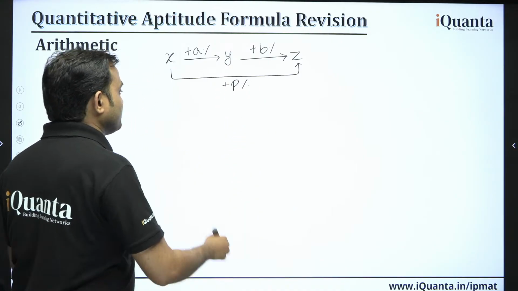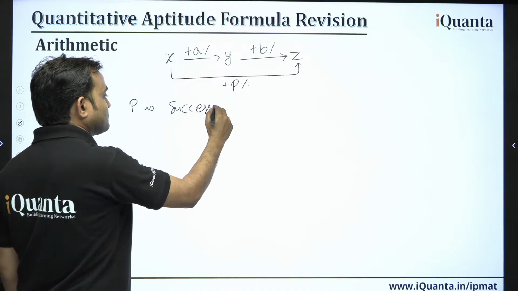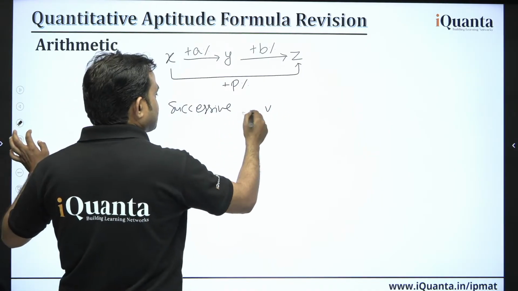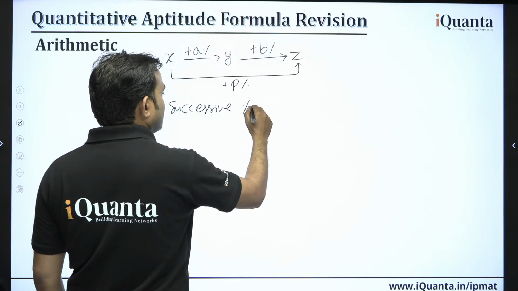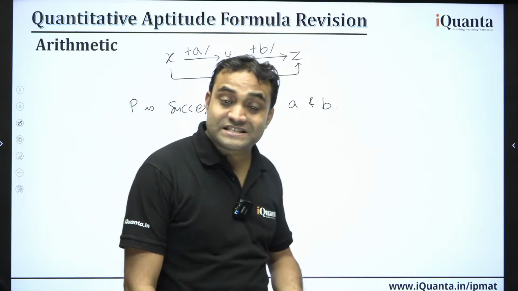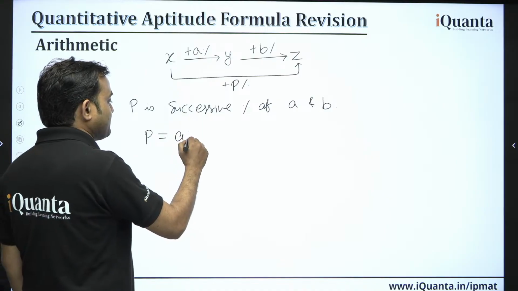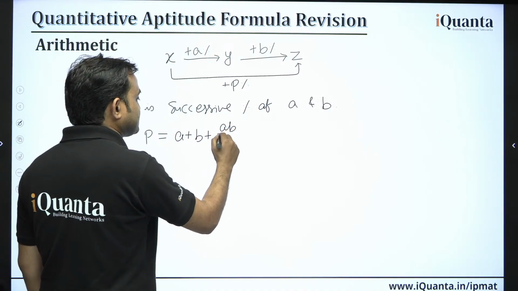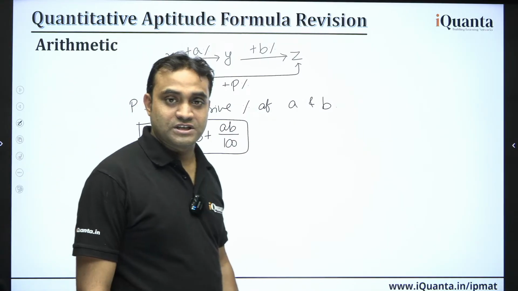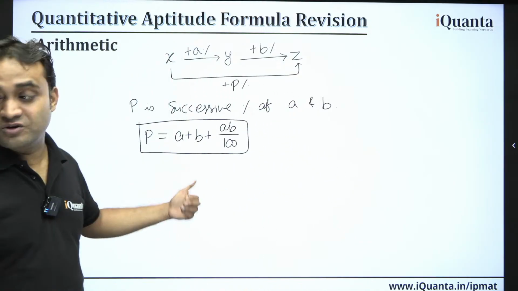So we say that p is the successive equivalent or successive percentage of A and B, and we say P is equal to A plus B plus AB upon 100. This is how you find the successive percentage. All right. So if there are multiple changes, you can use this.